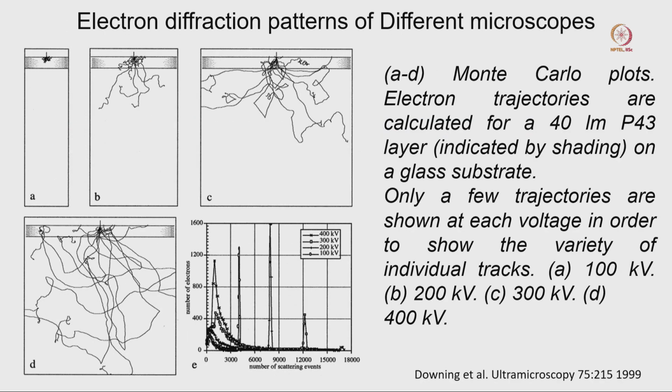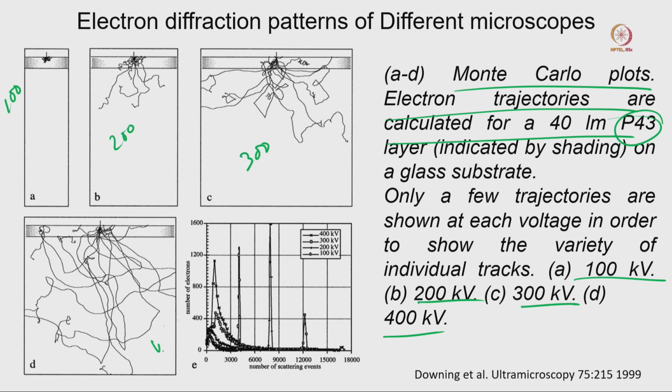So, here I am talking about that Monte Carlo simulation plot of the electron trajectory, which is calculated for P43 scintillator. Here, in different images, it mentions what kilovolt we are using. So, this is from 100 kV, this is from 200 kV, this is 300 and this is 400.